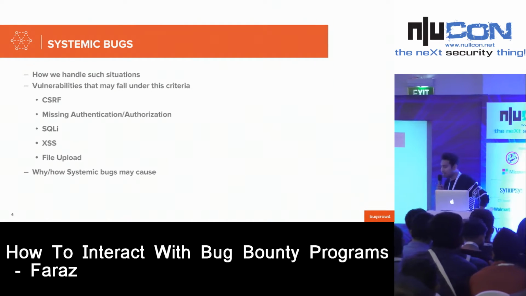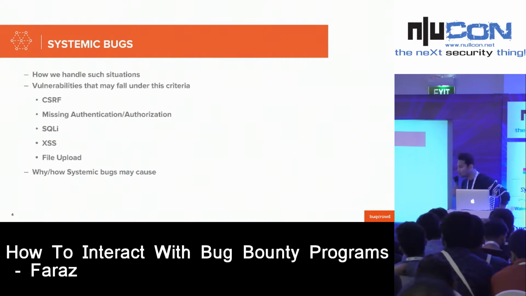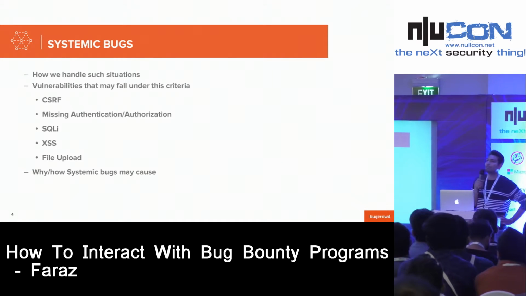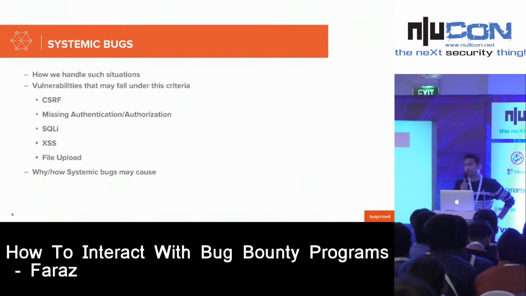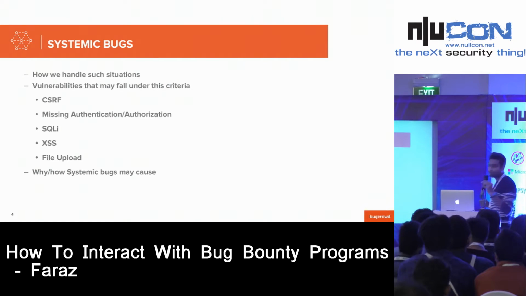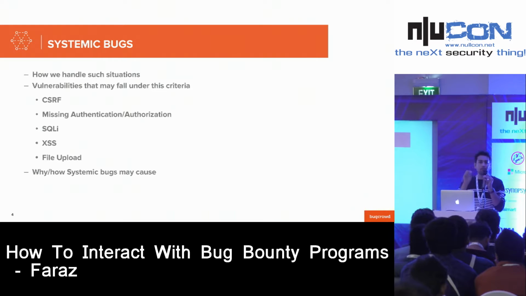So in these cases, what we do is, first of all, we ask the client if these bugs are supposed to be handled differently, because they will know. They have access to the source code, right? So they will check the source code and see if it is an implementation bug, a systemic bug, which will be patched when they patch the first IDOR.